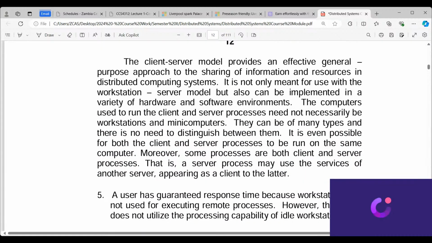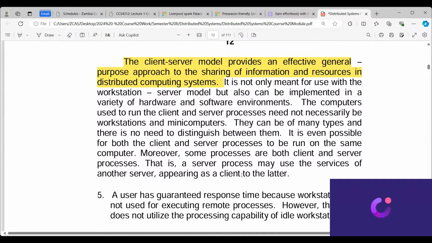So the client server model provides an effective general purpose approach to the sharing of information and distributed computing resources. This is very important because we have what we are calling the server that contains all the information, and then you have the clients.